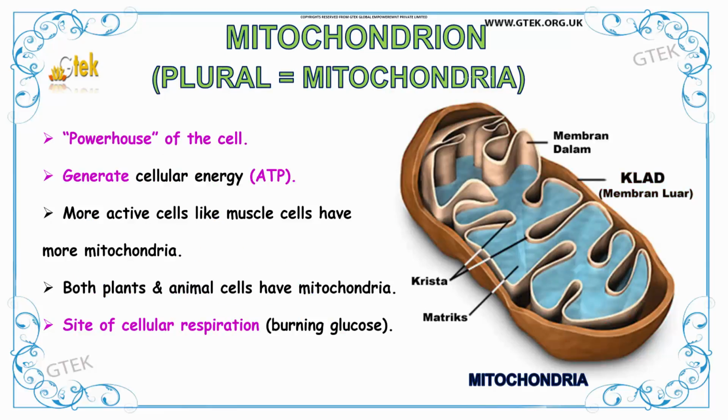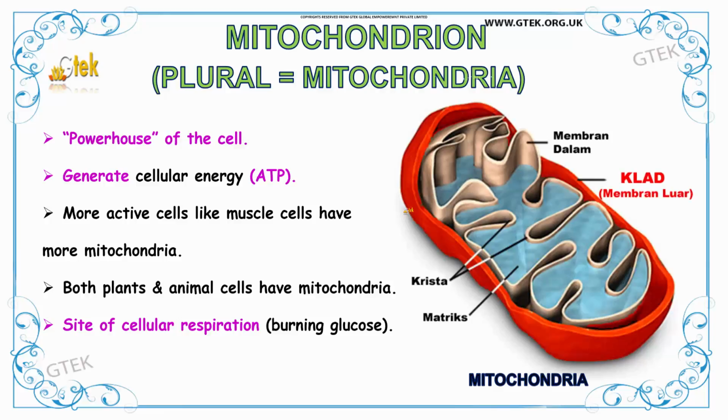Now we are going to see about the mitochondrion. In plural, it is called mitochondria. It is the powerhouse of the cell. It generates the cellular energy, that is ATP. More active cells like muscle have more mitochondria. Both plant and animal cells have mitochondria.